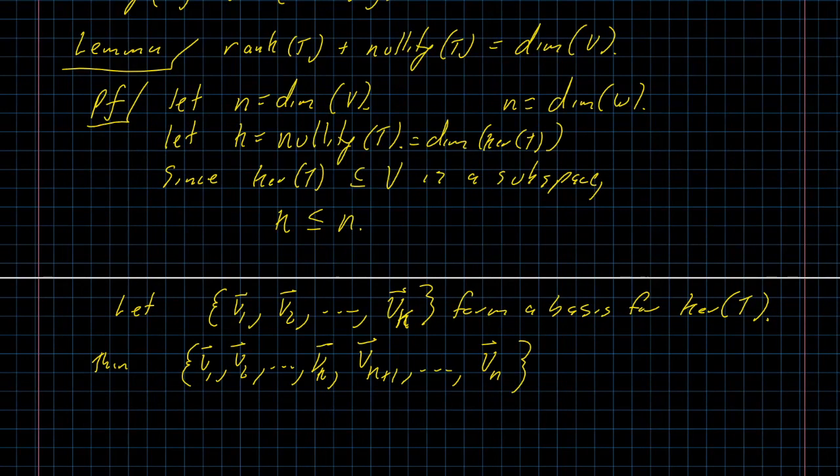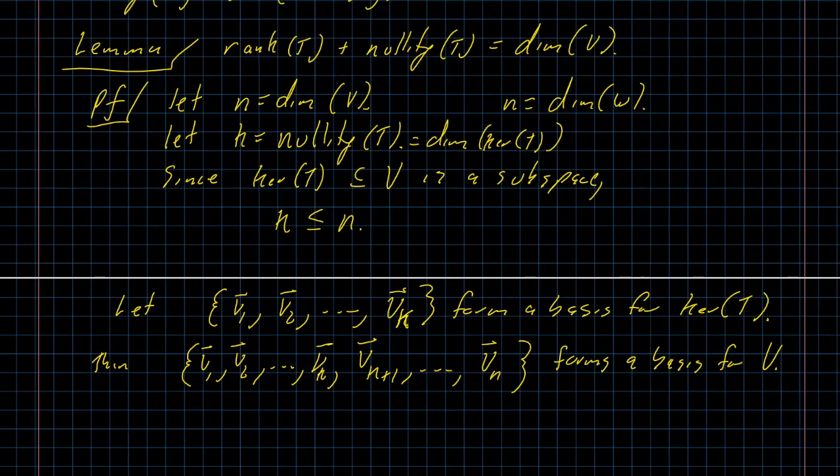If k is smaller than n, then there are not enough vectors to span the entire vector space. But if we start putting in more linearly independent vectors, eventually we'll get a set of n linearly independent vectors, and they will span the entire vector space. So this forms a basis for the entire vector space.